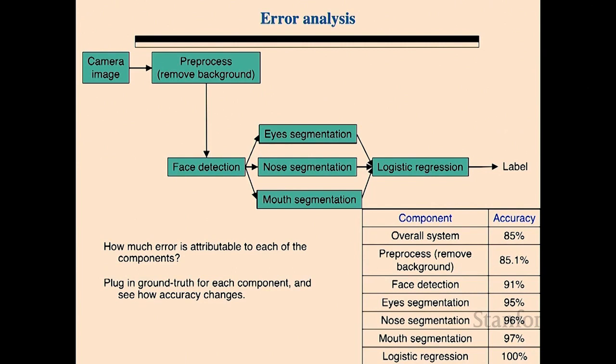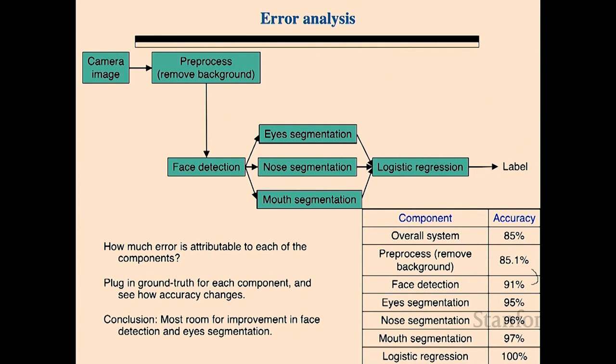So now what you can do is look at the sequence of steps and see which one gave you the biggest gain. And it looks like, in this example, when you gave it perfect face detection, the accuracy improved from 85.1 to 91%, so roughly a 6% improvement.